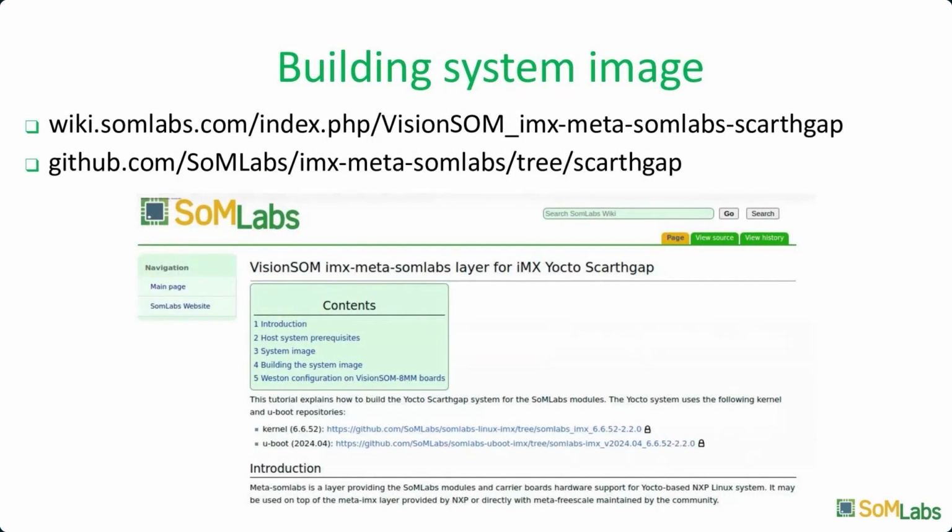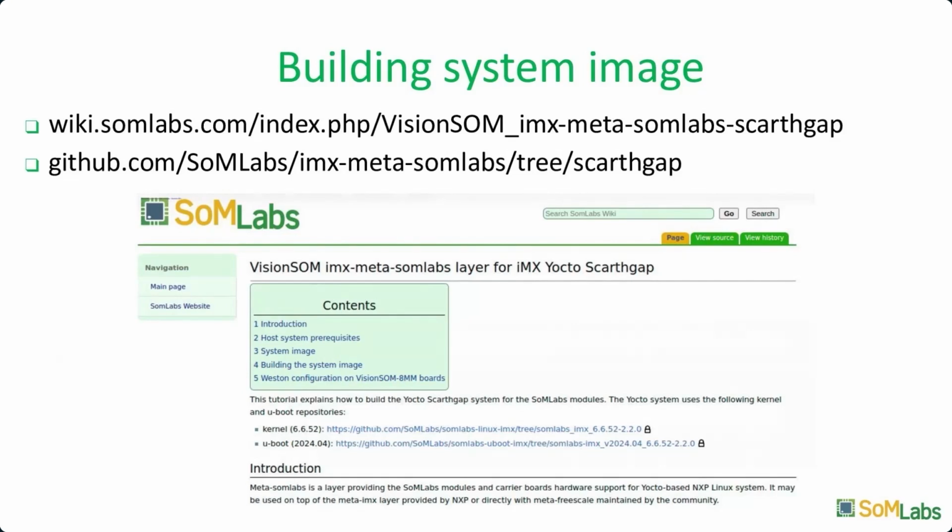We also have our own documentation at SoMLabs. You can find the instructions of how to build and install the example distribution for our development boards, like the Titan SBC.